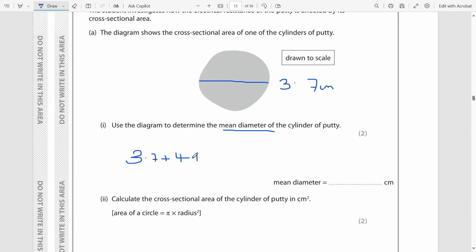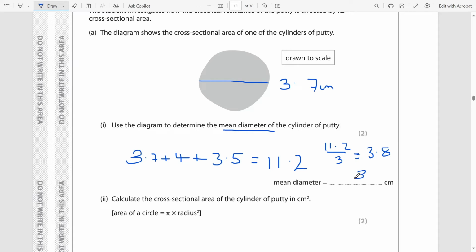Plus 4 plus 3.5 equals 11.2. So 11.2 divided by 3 is a third, which equals 3.8.